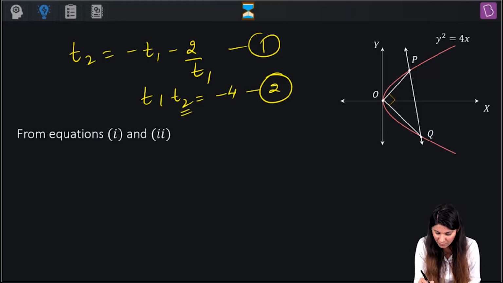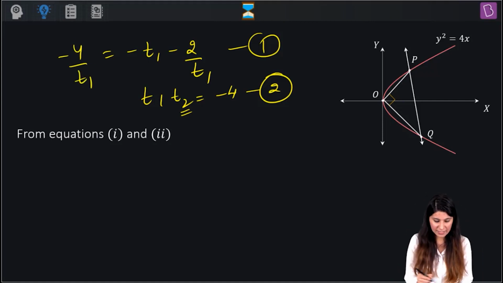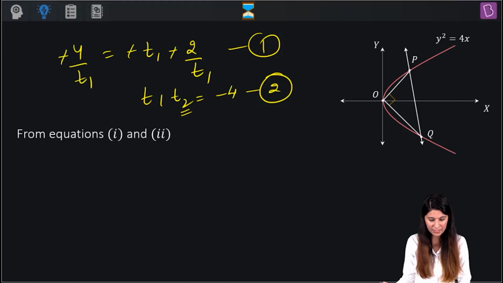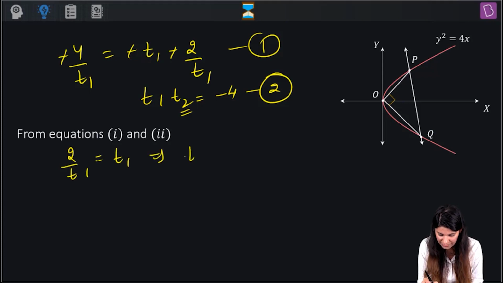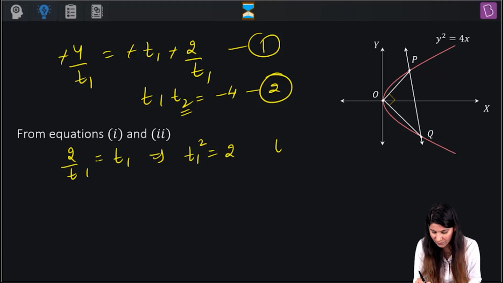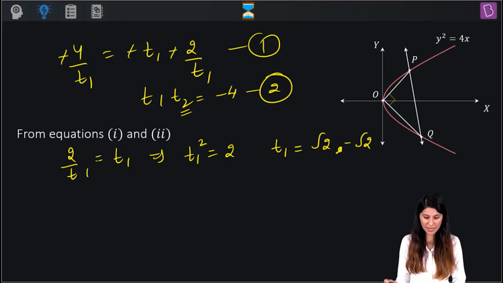Let's solve this. T2 would be minus 4 by T1, so let's replace T2 by minus 4 by T1. Now let's cancel out the minus signs. I'll get 2 by T1 equals T1. This implies T1 square equals 2, so T1 is either root 2 or minus root 2.